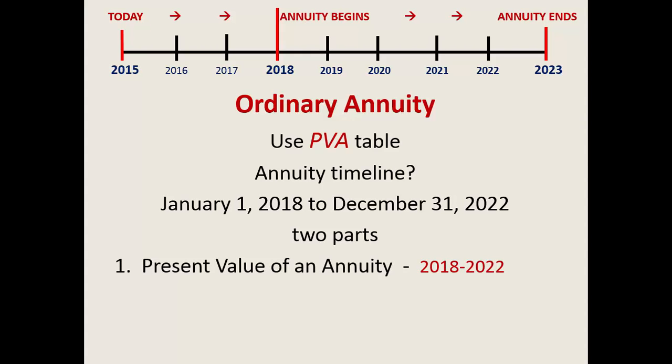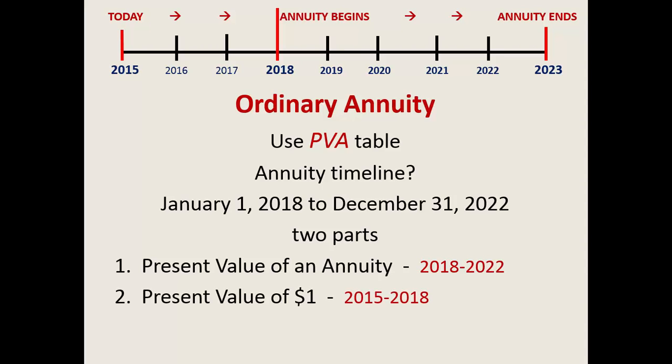So remember, it has two parts. You're investing it today in 2015, but you need to know what it's going to be worth throughout the life of the annuity. And the present value of the annuity doesn't start for another 3 years.